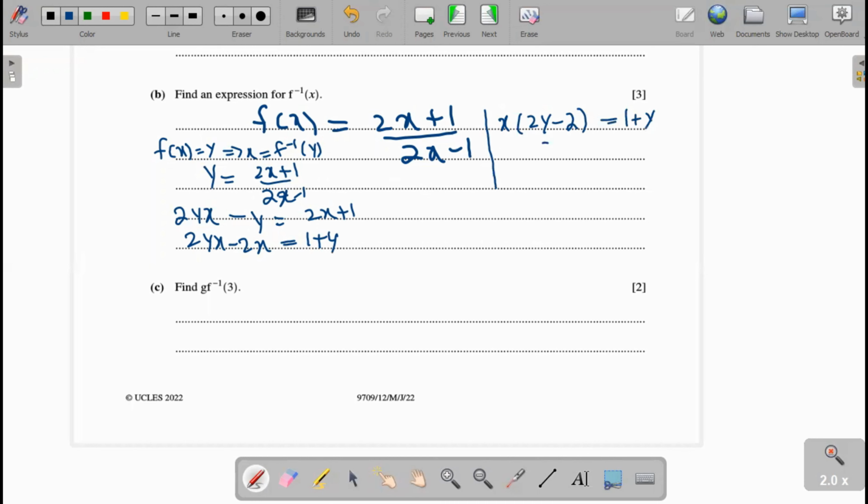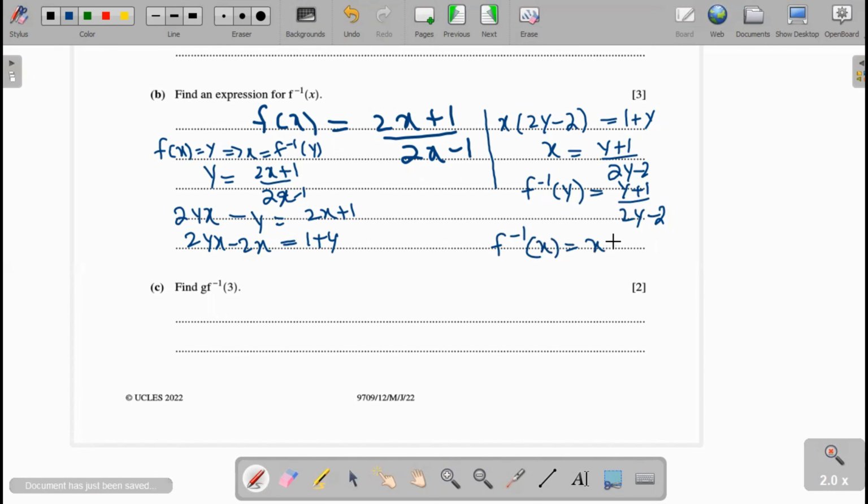That x will be equal to y plus 1 over 2y minus 2. Now we know x equal to f inverse of y, so f inverse of y is y plus 1 over 2y minus 2. Now we replace y by x, we get f inverse of x equal to x plus 1 over 2x minus 2.